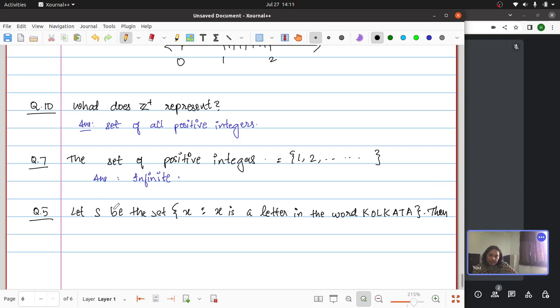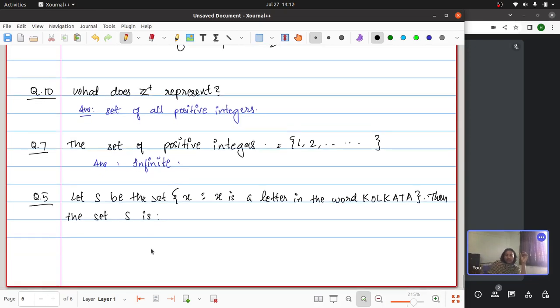Then the set S is, so when we write a set element-wise, when we list the elements of the set, we do not repeat any element twice. When we say it is in the set, we just say it belongs to that set. We don't have to repeat it twice. We don't count how many times it's coming.